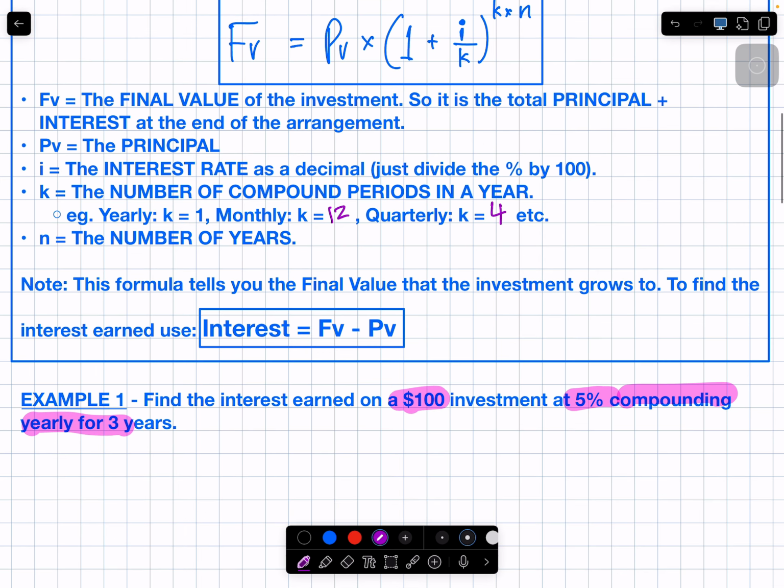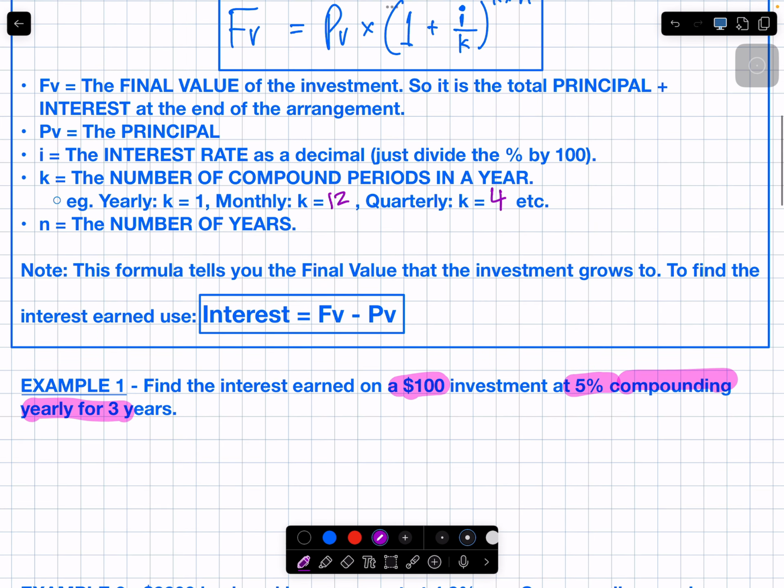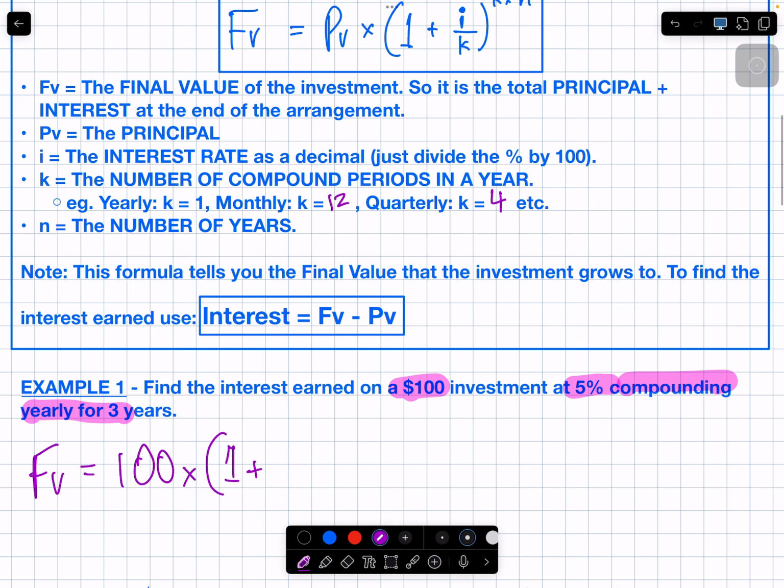Find the interest earned on a $100 investment. This formula doesn't find the interest. It tells you what it grows up to. So FV equals, how much did this person invest? What does the question say? $100. So PV is 100 times bracket 1 plus, what would the interest rate be as a decimal? 0.05.